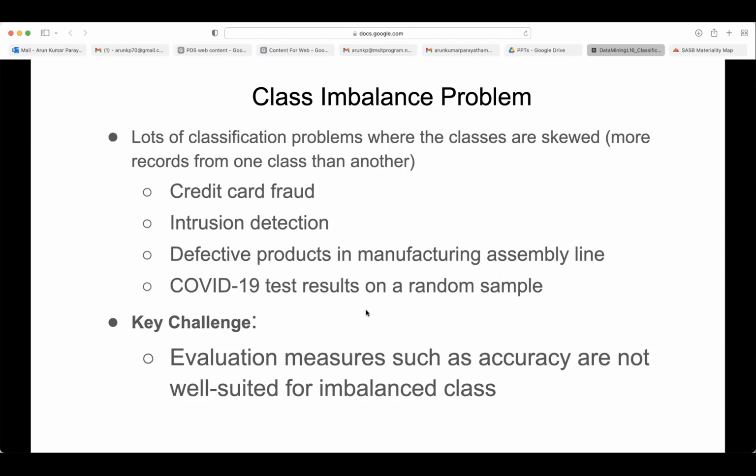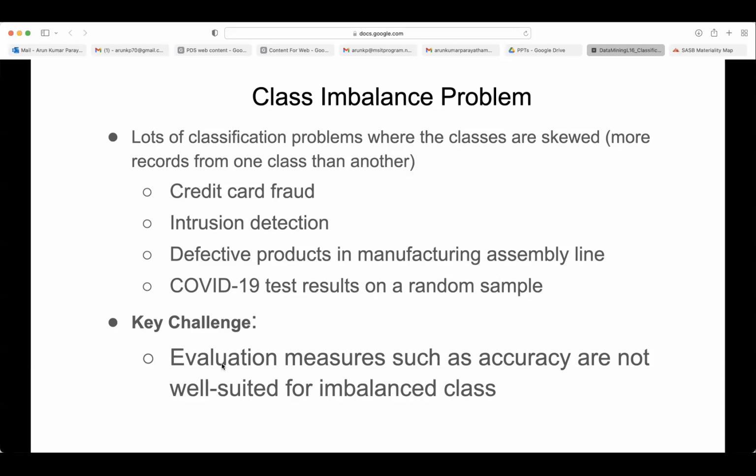COVID-19 test results on a random sample: we have seen only 1 point something, 5%, even 6% COVID positivity rate when people are testing in thousands. So that 5-6% is very small compared with the 94-95% of the opposite result.